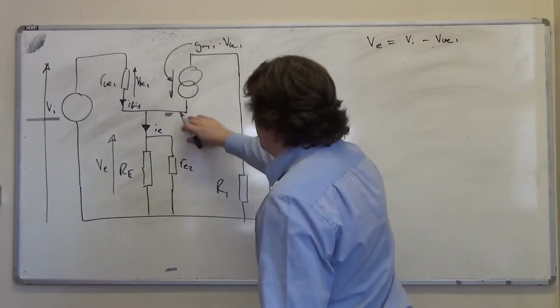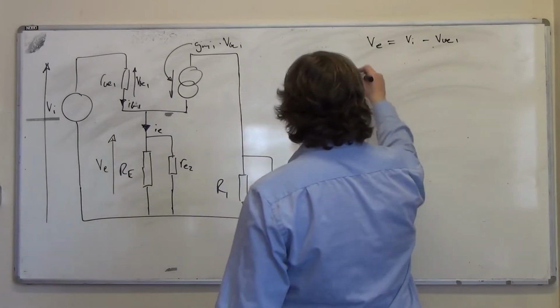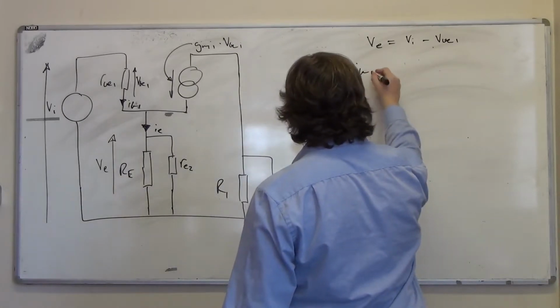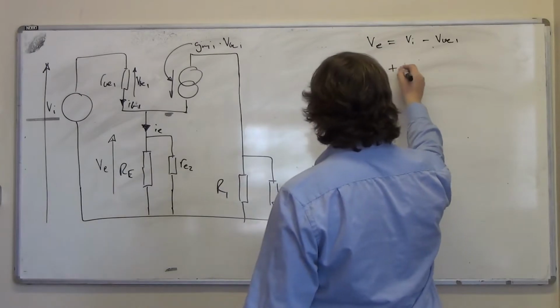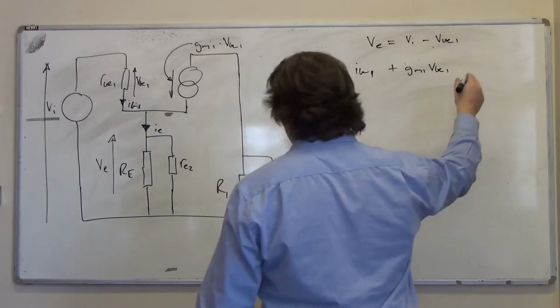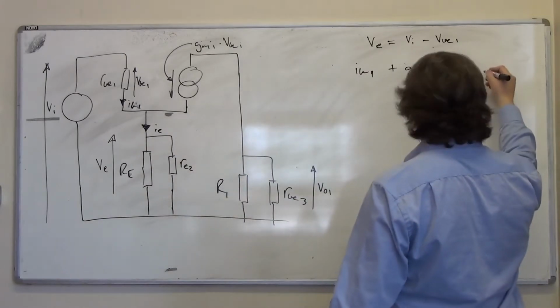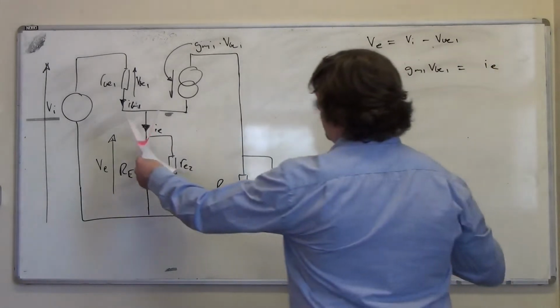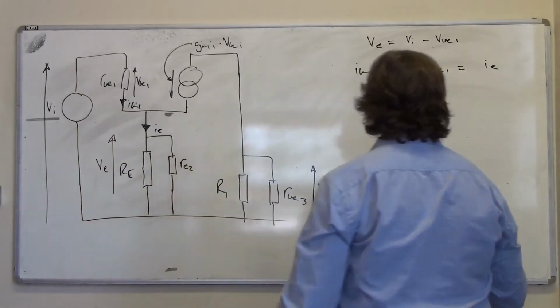But now for the node equation properly, we'll have IB1 plus GM1 VBE1 equals IE, because IE is leaving the node and all the others are coming in.